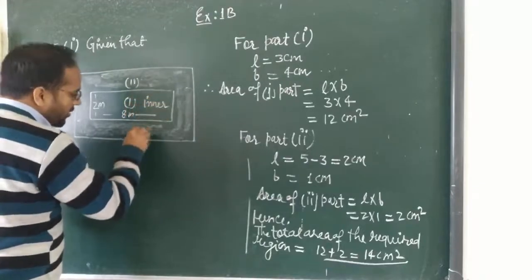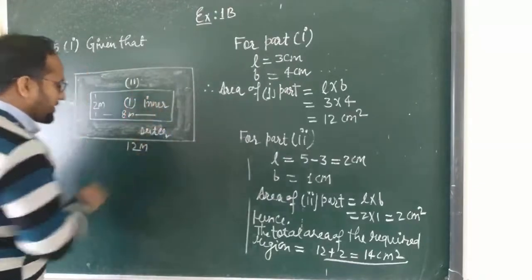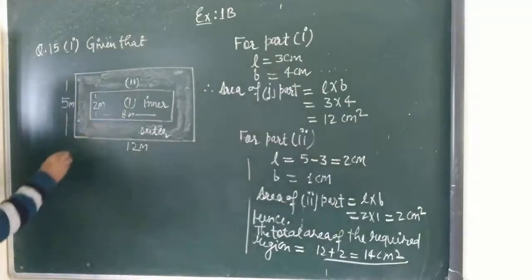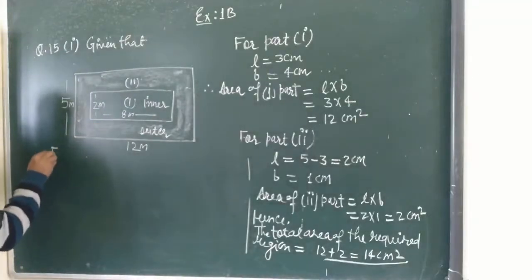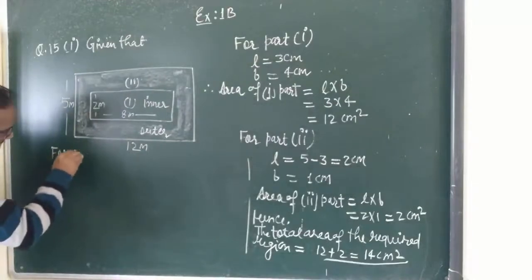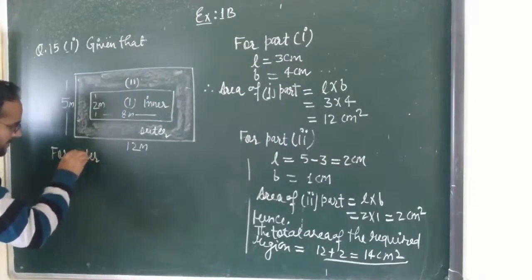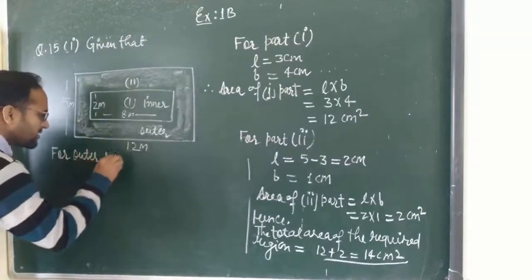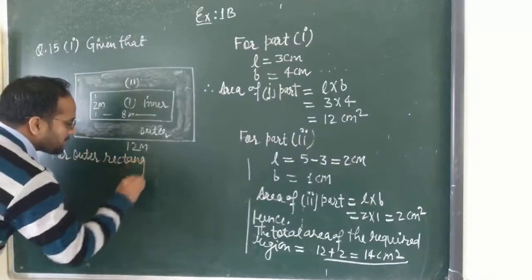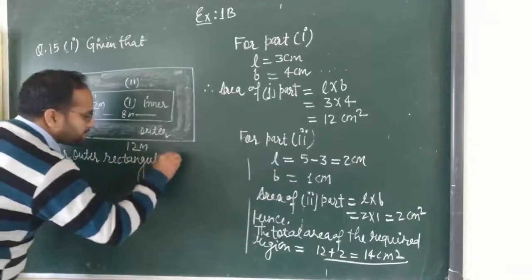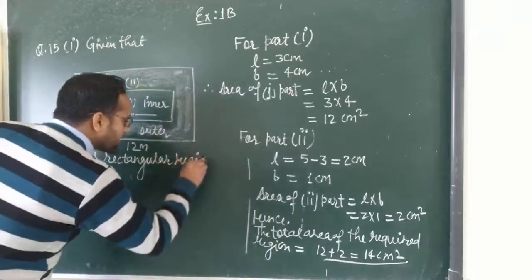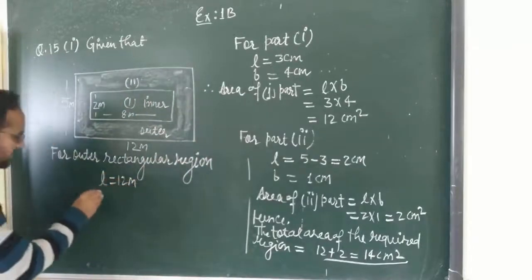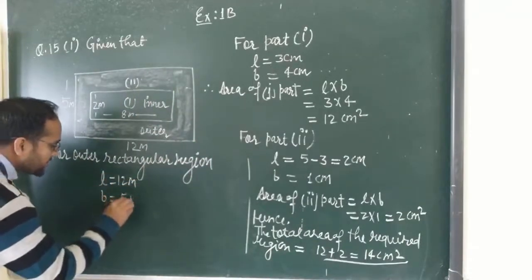So in this one my calculation is first for the outer rectangular region. Its length is given as 12 meter and breadth is given as 5 meter.